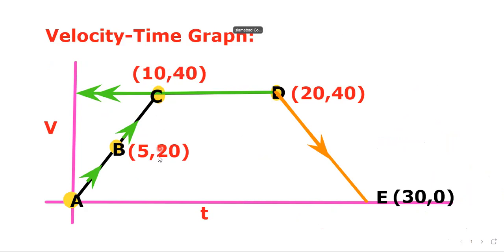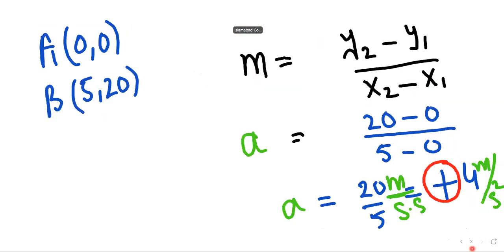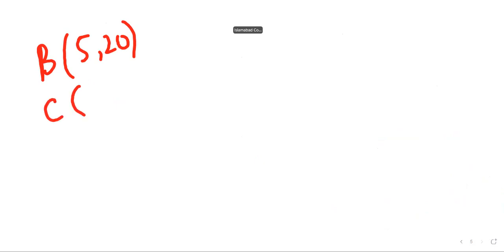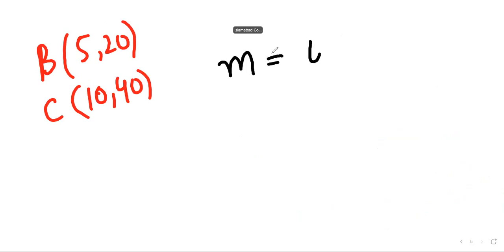So let's calculate the gradient from B to C. Okay, so gradient is y2 minus y1, it is 40 minus 20 over x2 minus x1.